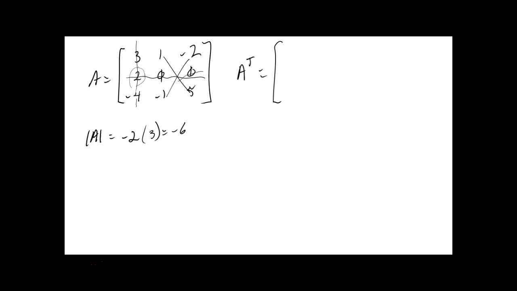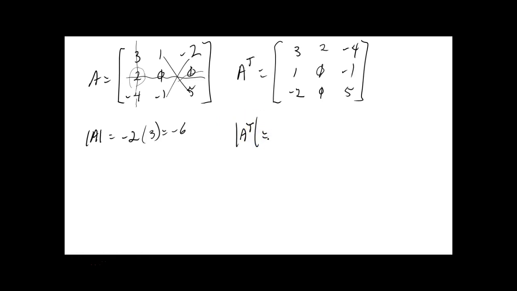Okay, he's doing the first row. 3, 2, negative 4, right? Next. 1, 0, negative 1. Negative 2, 0, 5. Is that what I heard? Okay, good. Now, if you're doing the determinant of that transpose, what would that be?